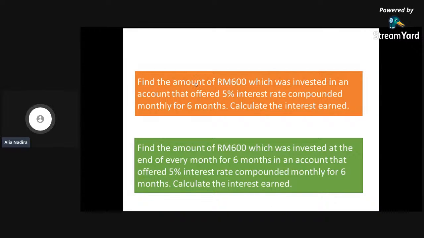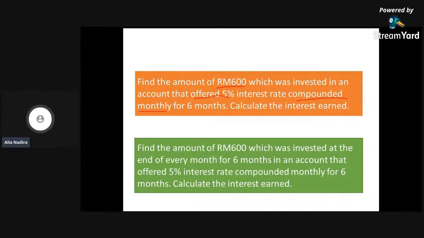Kalau you tengok kat sini, the keyword is compounded. So bila ada perkataan compounded, it can be either compound interest punya formula or annuity. So now you need to differentiate pula.